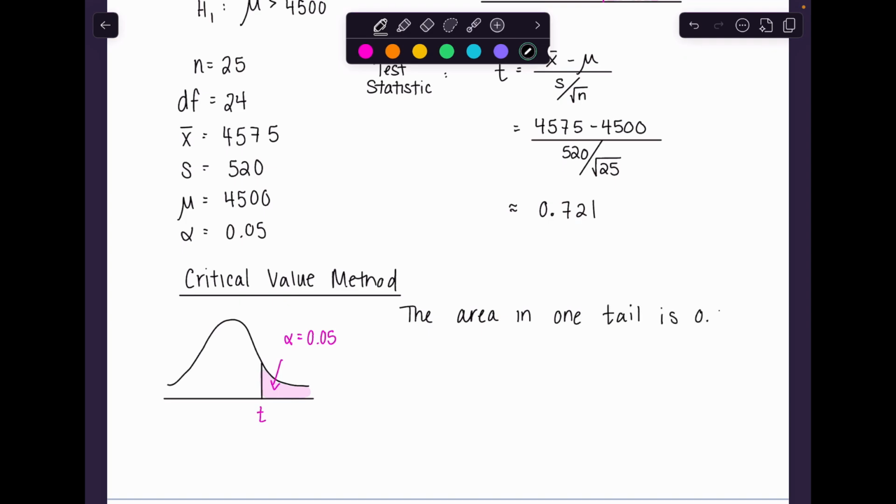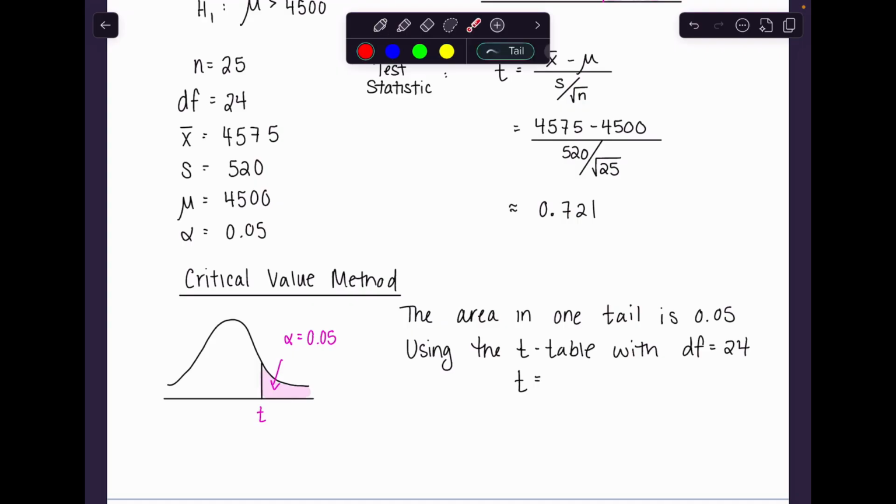is 0.05. So using the t-table, with our degrees of freedom equaling 24, we get that this critical t value is the following. Okay.